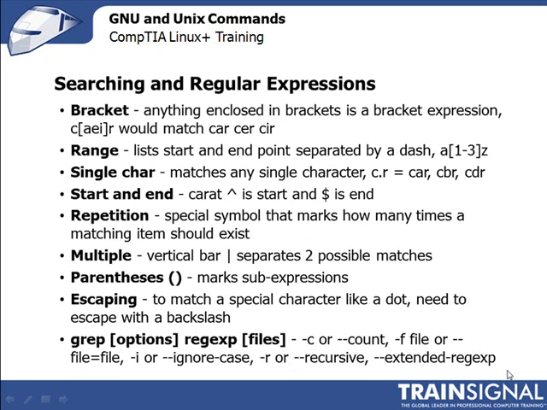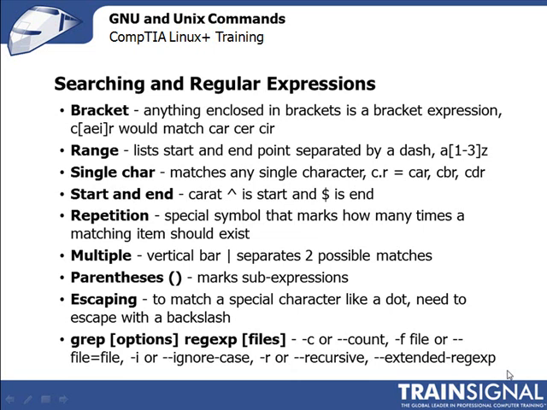The first of these characters is the brackets. Anything inside the brackets is a bracket expression, which matches any one character that's in the brackets. So, for example, if we had the characters A, E, and I enclosed in brackets between a C and a trailing R, this would match CAR, CER, and CIR.